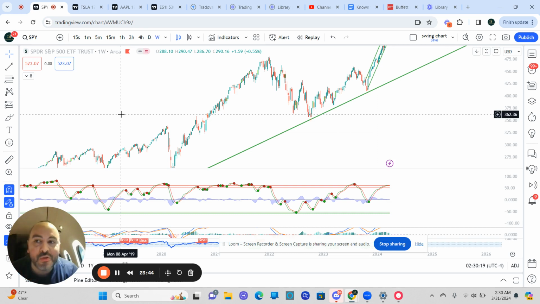It is still more of a long-term indicator, not like the Buffett indicator. You can use this on the 2-hour chart or the hourly chart, whereas the Buffett indicator, that's too quick. You would only use the Buffett indicator on maybe the weekly chart or the monthly chart or maybe the daily chart. The wave trend you can use on anything. I've even used it on 15-minute charts.